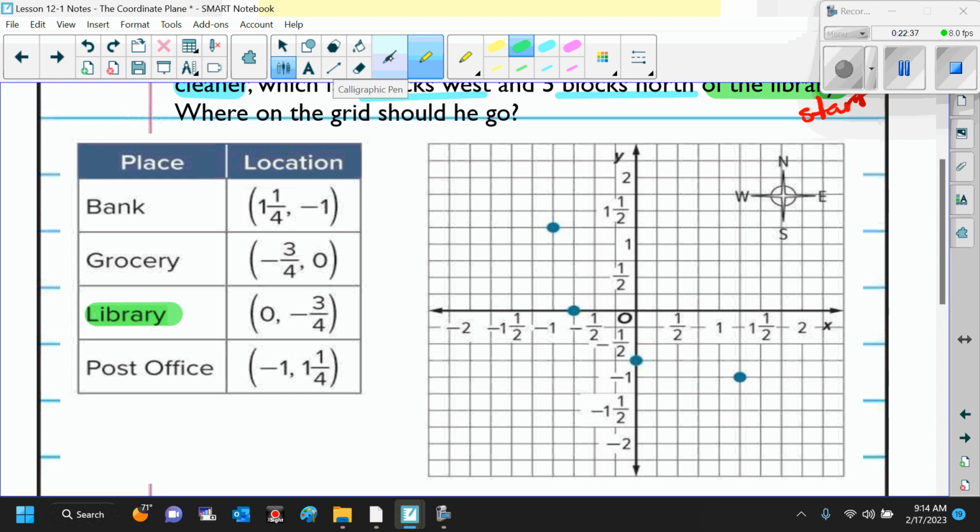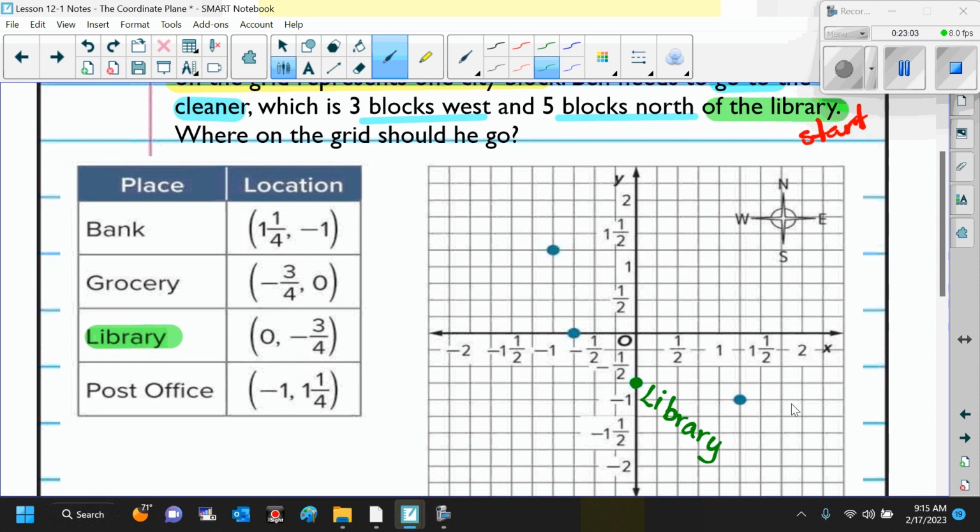So, let's get the library in green. So 0, comma, negative 3/4. So that's going to be 1, 2, 3. So here is the library. And that's where we're starting from. That's where he is at the start of his day, and now he wants to go to the dry cleaner.